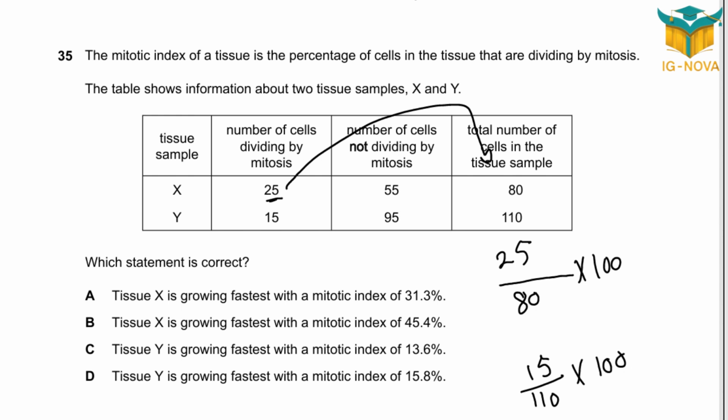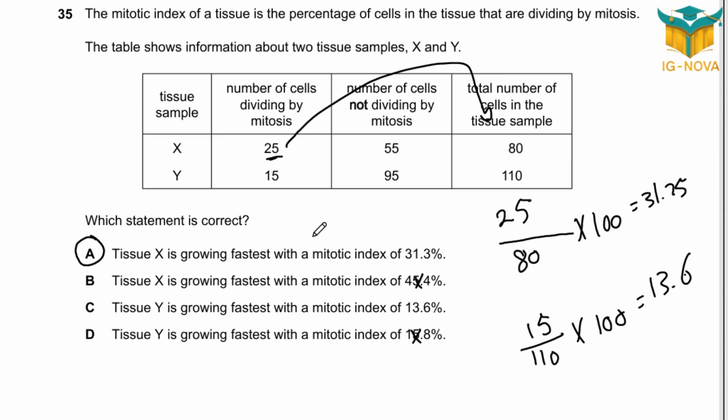So let me use my calculator for the first one. 25/80 multiplied by 100, 31.25, and the other one is 13.6. So tissue X calculation is wrong, tissue Y calculation is wrong, and which one has higher index? Tissue X definitely.